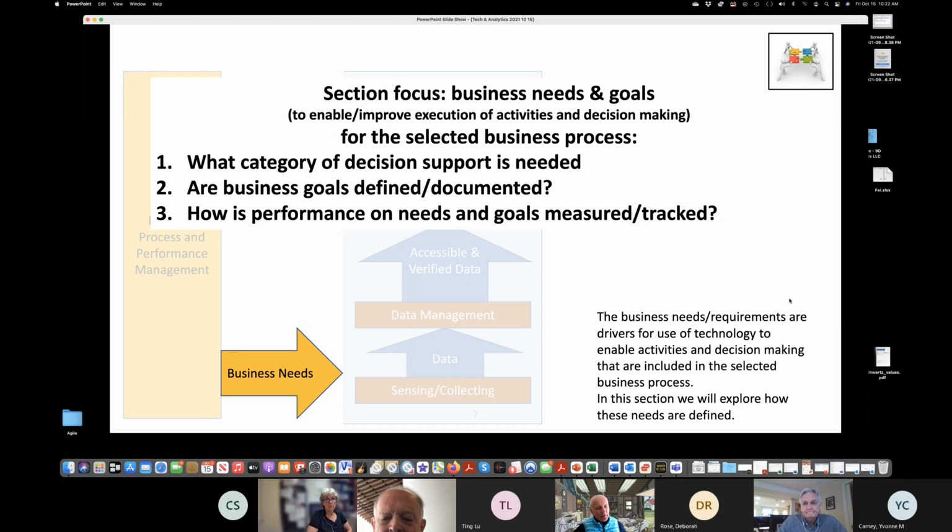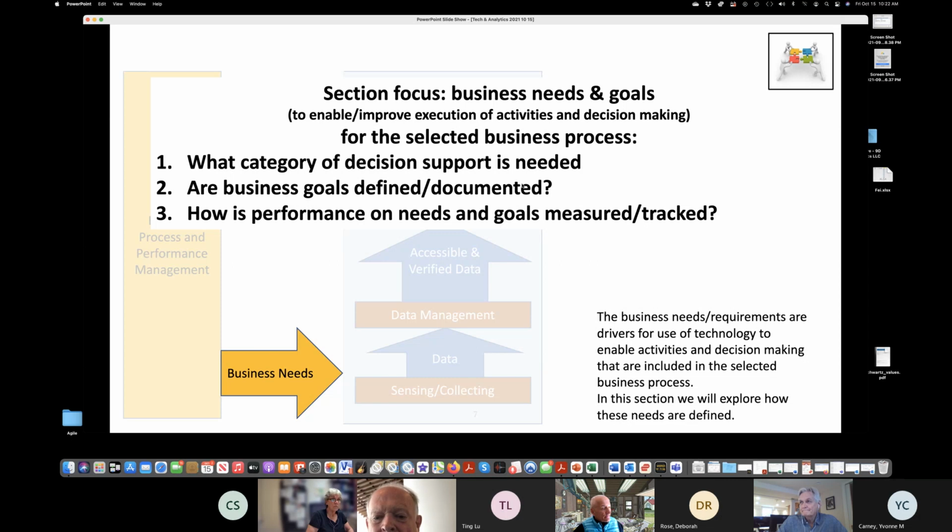So this first section was not that complex, and it's really about getting a handle on, trying to size up the challenge that we're trying to address. So the second question is about the business needs. What kind of decision support do we need?